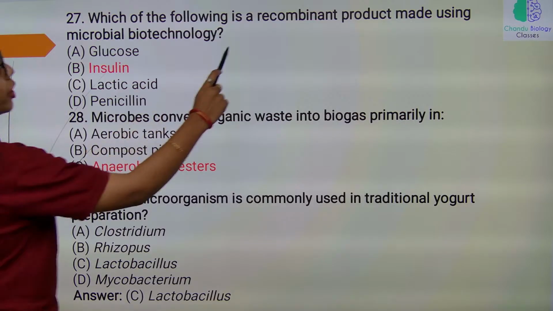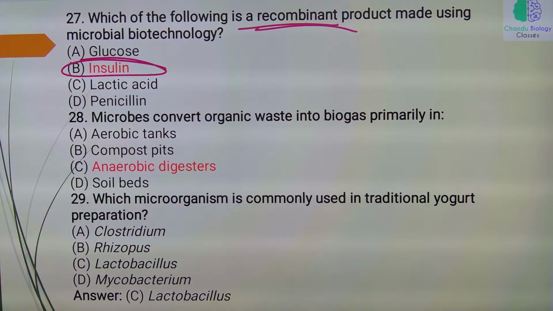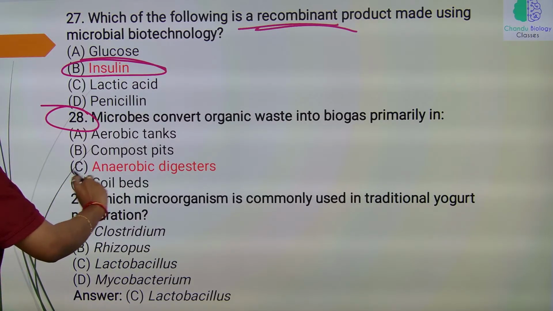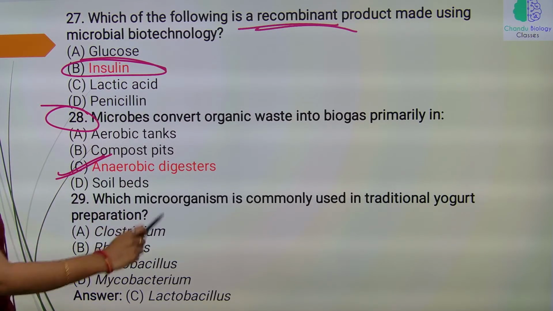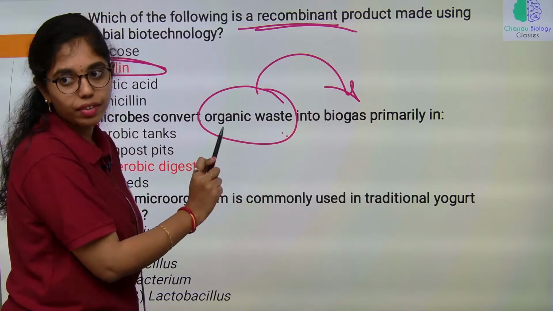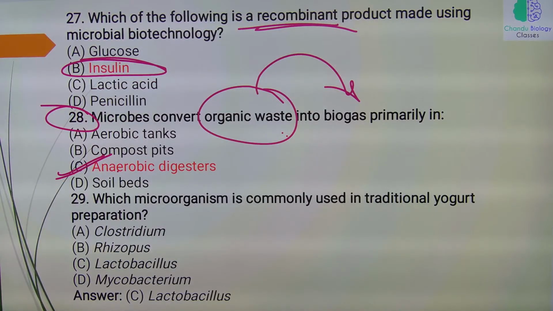So, the one which is produced by recombinant technology is insulin, and the model organism we have used is E. coli. Okay. Next, microbes convert organic waste into biogas primarily in what? Anaerobic digesters. This is the last step happening in the sewage treatment, and that is by the anaerobic digesters.